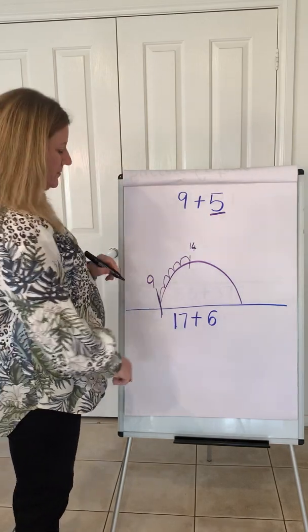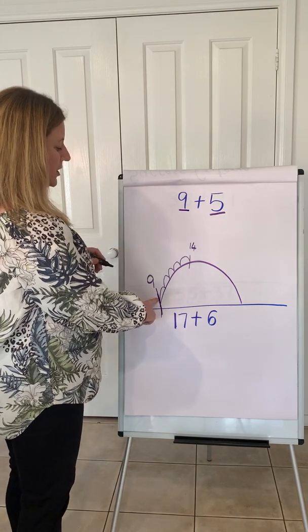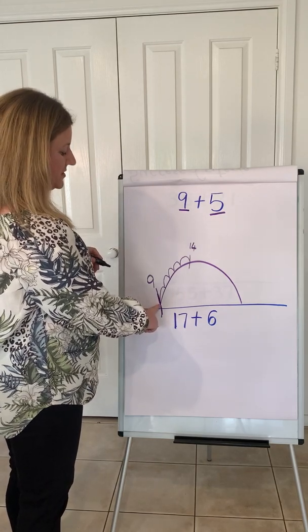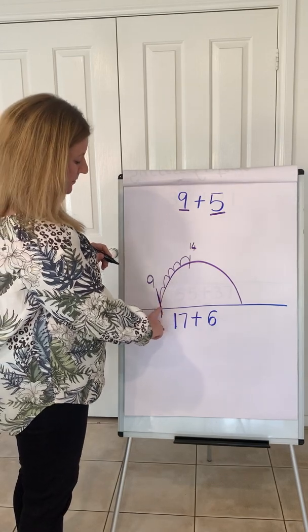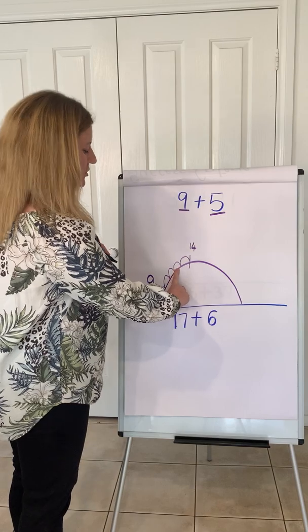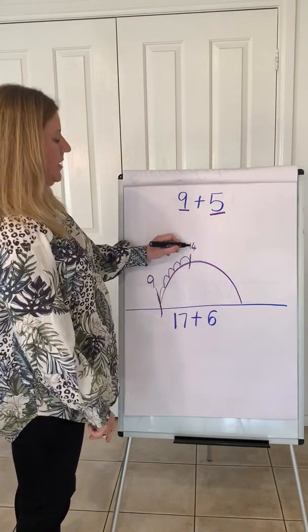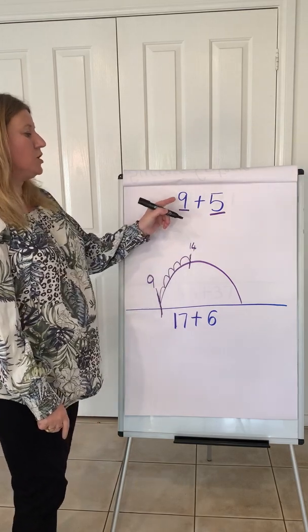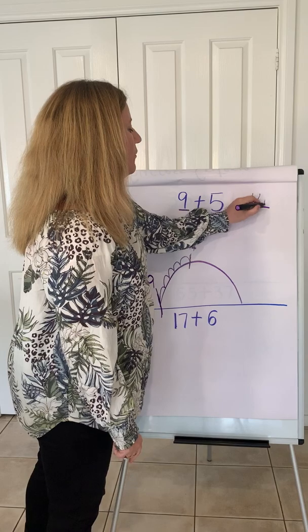I'll do that again. I start at number 9 and I jump 5 little jumps. And I can even put my finger inside each one. 10, 11, 12, 13, 14. I draw a line and I write my answer. So 9 plus 5 equals 14.